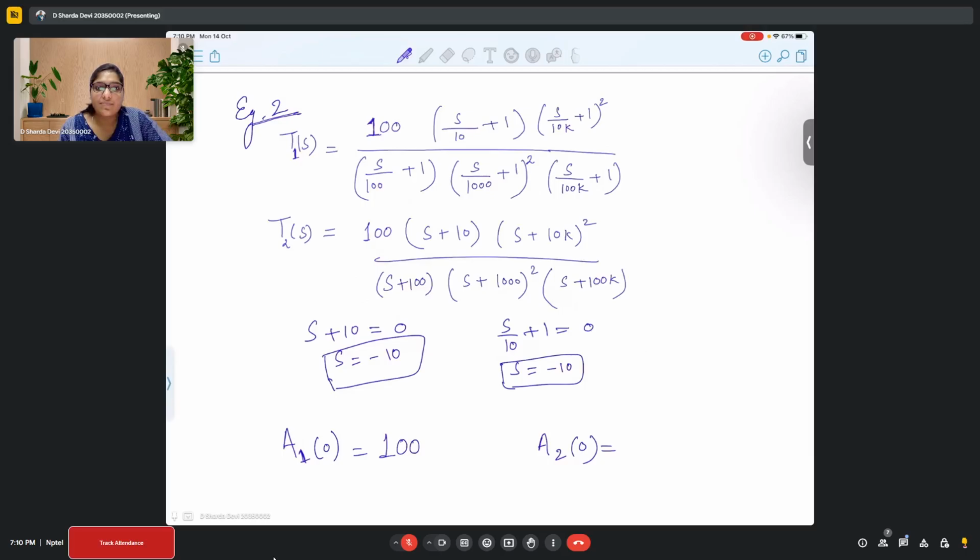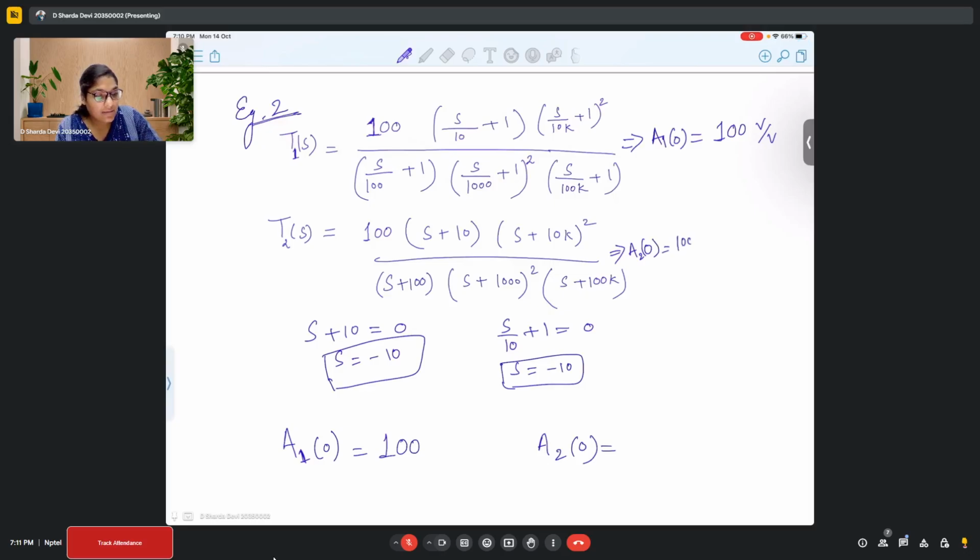So basically, the idea is whenever you are asked to find the DC gain of a transfer function, the only thing that you have to do is you put S to 0. You substitute S to 0 and then you will find the DC gain. Now, in the first case, when you put S to 0, you see your gain comes out to be 100. Right? Everybody can see this? In the first case, it is coming 100. Now, what about the second case?